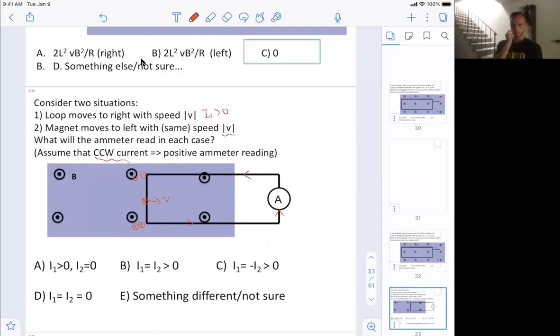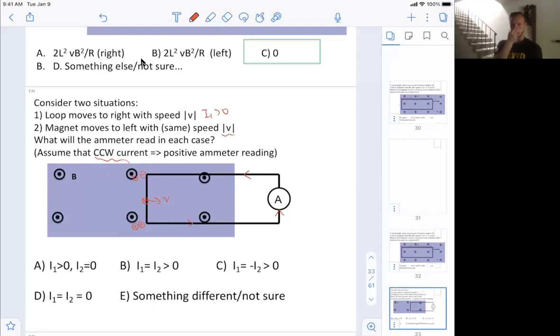If you're in the reference frame of the magnets, in both cases the loop is moving to the right. So I said they're both equal and positive, moving counterclockwise. So you're saying the magnets moving to the left should be equivalent to the loop moving to the right. Right. That's very good. That's a good way to look at this.